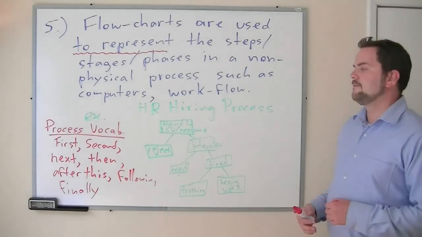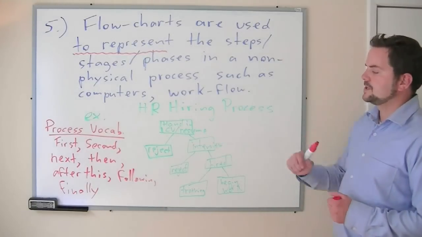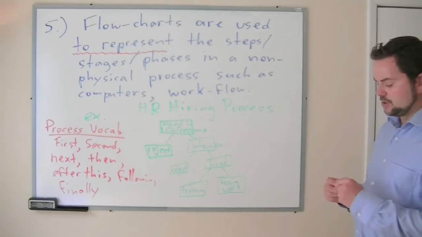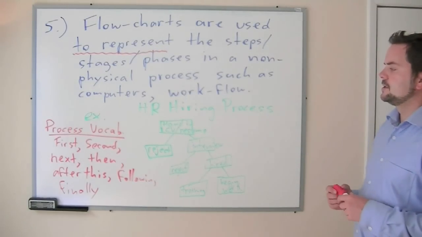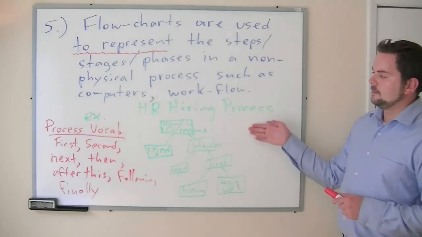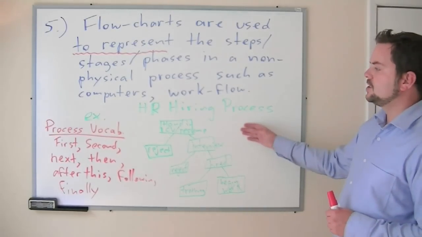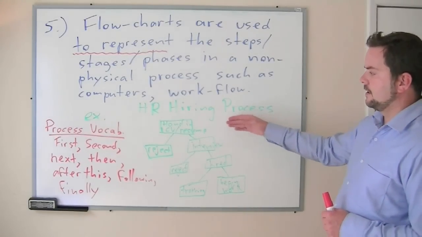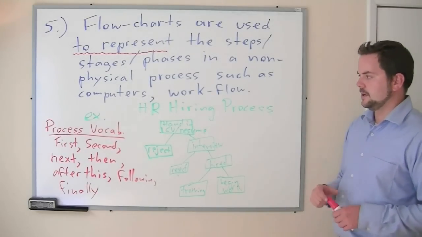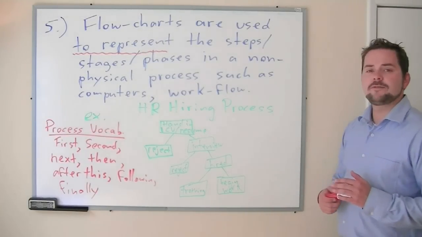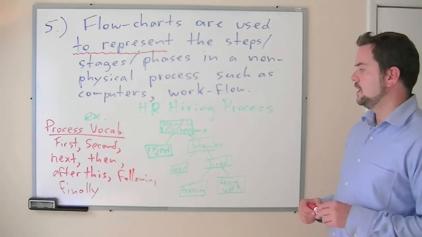So a verbal paragraph of this simple flowchart here might sound something like this. This flowchart is describing the stages that this company has in their HR hiring process for hiring employees.